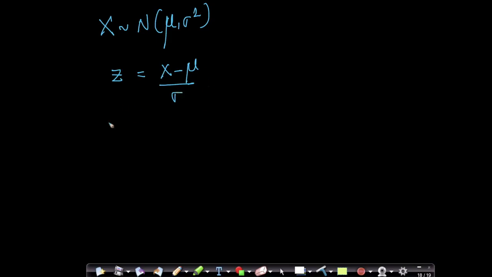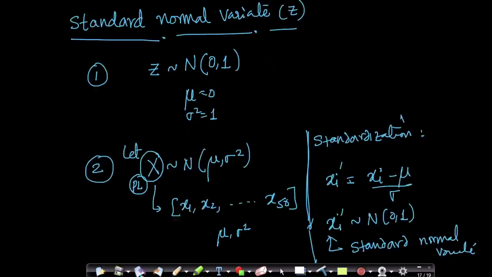As soon as you do this, you can say that z is a random variable with a distribution of N(0,1). Such an operation is called standardization of your data. So going back to the example, if you're given 50 values of petal length, you can standardize them by subtracting the mean of all of these values and dividing by the standard deviation.